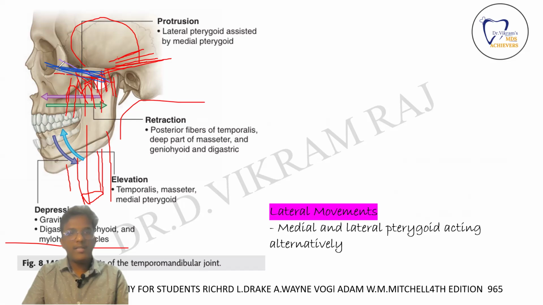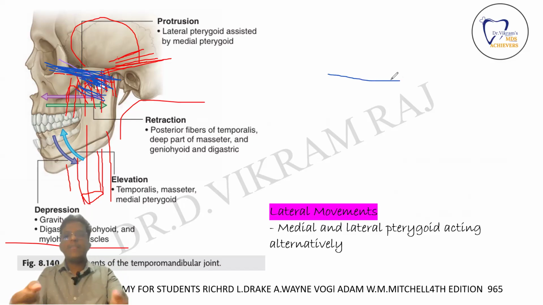See, lateral pterygoid is present like this, attaching to the lateral surface of the pterygoid plate, and medial pterygoid is also present like this in the front. So they definitely cause protrusion. As they are present in the front, they will cause a pulling kind of movement, so the joint will be pulled forward.